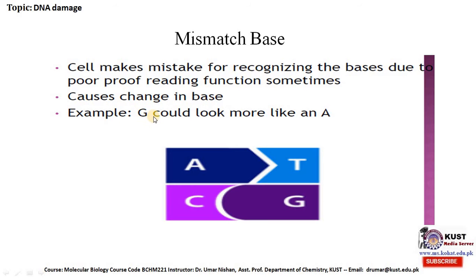For example, G could look more like an A. Normally you know that A binds with T and G binds with C, but when G looks more like an A, this can cause a mismatched base and damage to DNA.